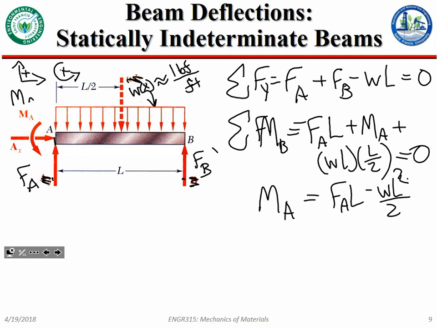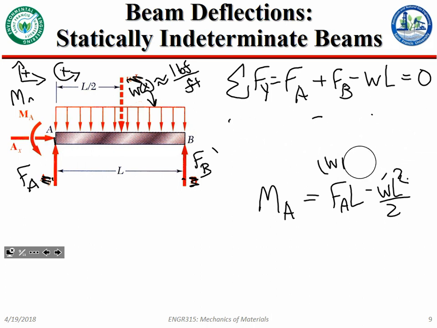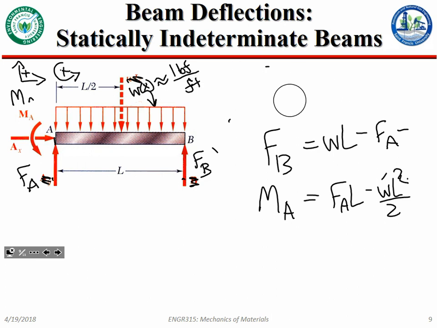And I can solve the other equation as FB equals WL minus FA, and put everything in terms of one unknown. That's just math.